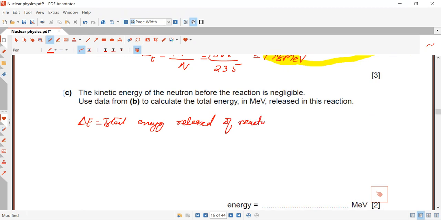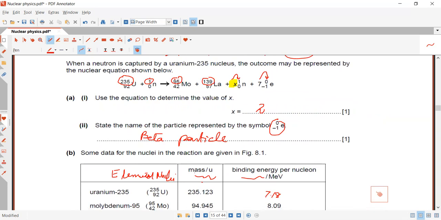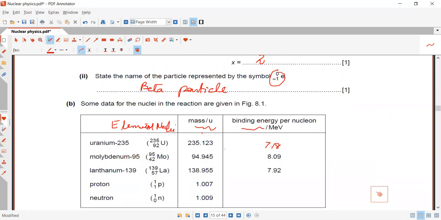Its formula is the total binding energy of the daughter nuclei minus the total binding energy of the parent nuclei, right, students? So let's talk about the daughter nuclei. The binding energy per nucleon is 8.09 for molybdenum, and the nucleons are 95.